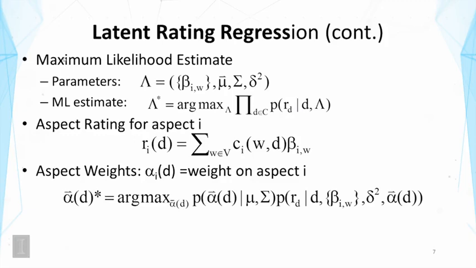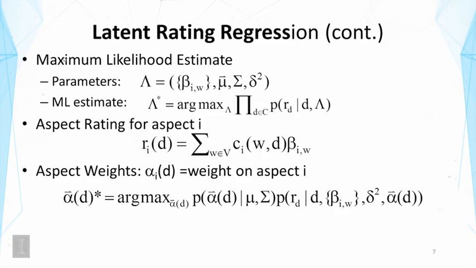We collectively denote all the parameters by lambda here. Now we can, as usual, use the maximum likelihood estimator, and this will give us the settings of these parameters that would maximize the observed ratings conditioned on their respective reviews. And of course, this would then give us all the useful variables that we are interested in computing.